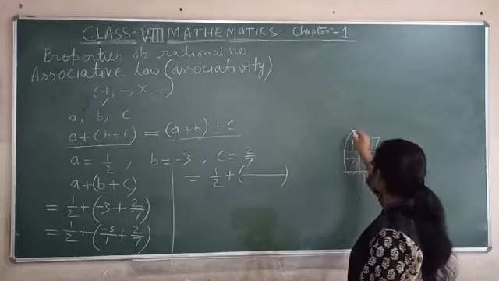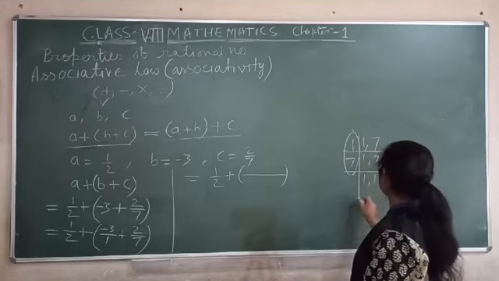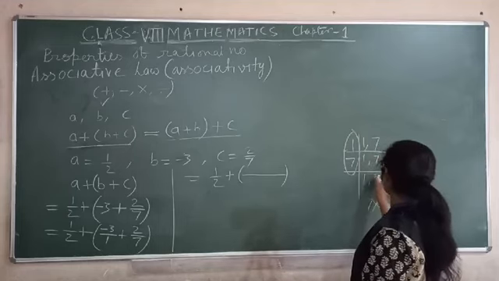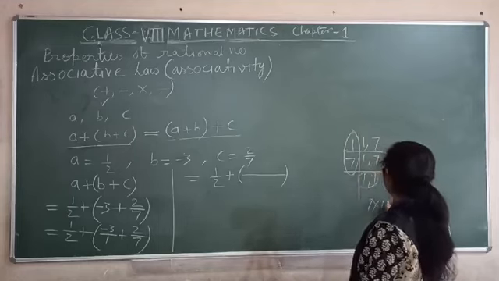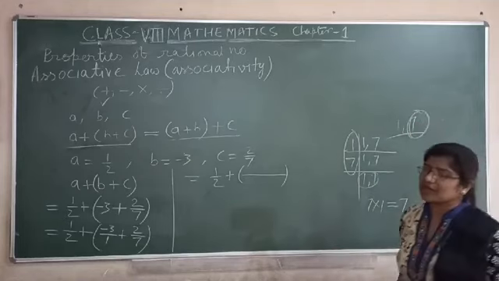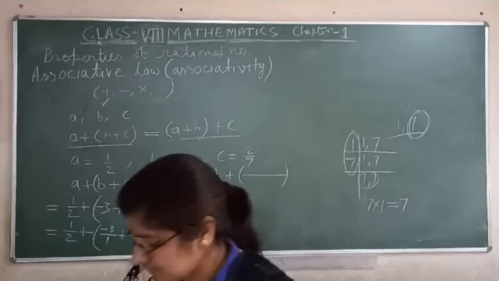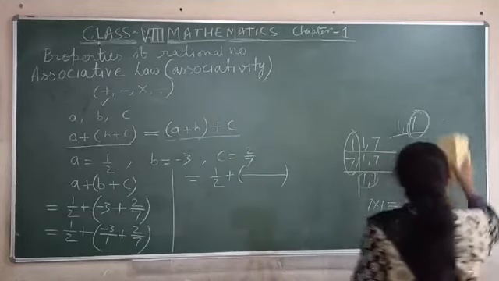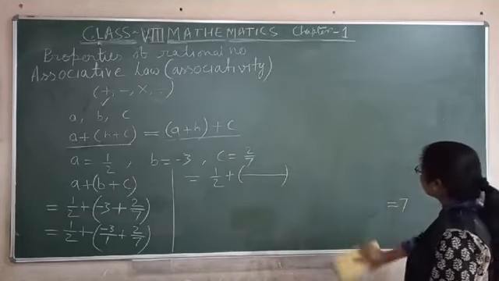So you have to multiply these: 7 into 1 into 1, so how much? 7. Or directly, if you have 1 and any other number, the greater number will always be the LCM. LCM means least common multiple.